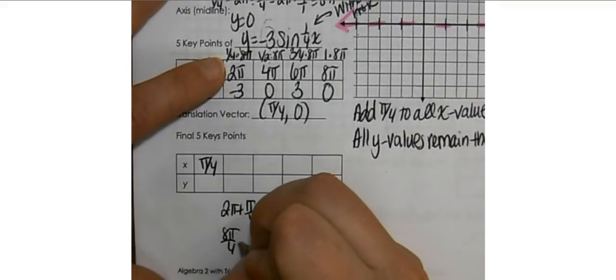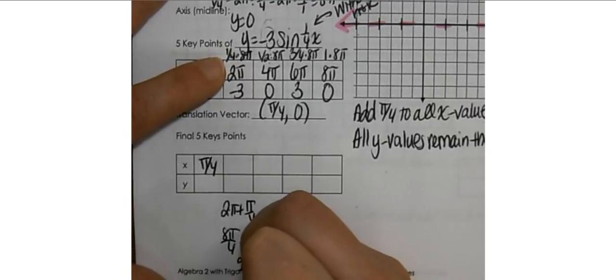I can make a common denominator of 4, so that's going to be 8 pi over 4, plus pi over 4, which gives me 9 pi over 4. So 9 pi over 4 will go into that next position. Then my next ordered pair, we have 4 pi plus pi over 4. That's going to be 16 pi over 4 plus pi over 4, which is 17 pi over 4.